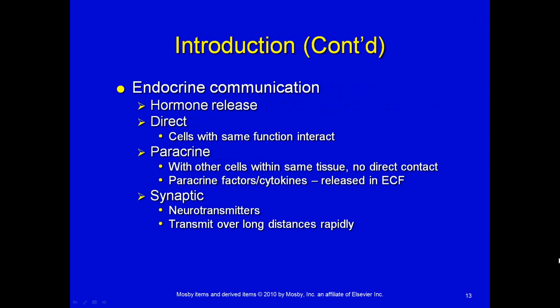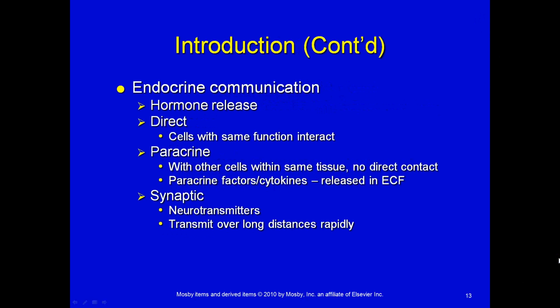And then you have paracrine hormone release, and this is where paracrine factors like cytokines are released into the extracellular fluid, and then while floating around in the extracellular fluid, these hormones react with other cells within the same tissue, but not with other tissues.